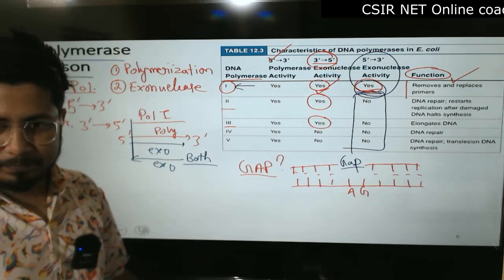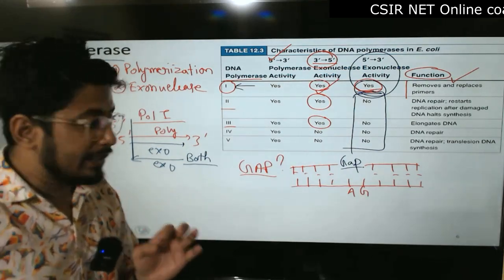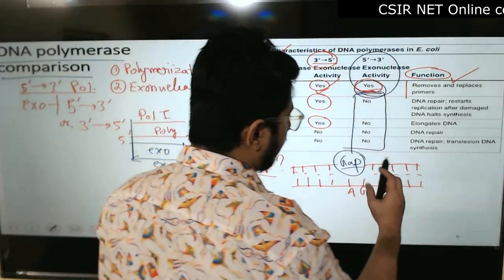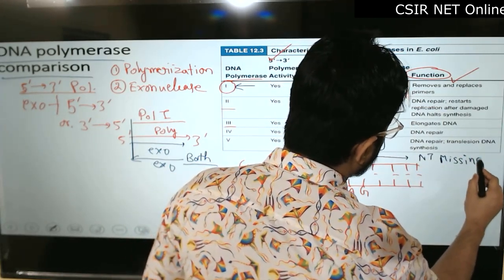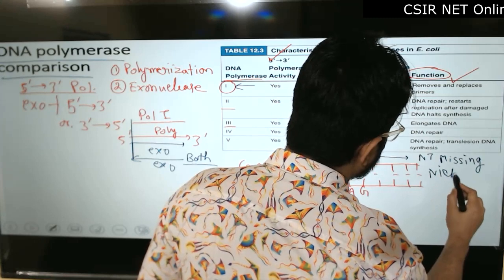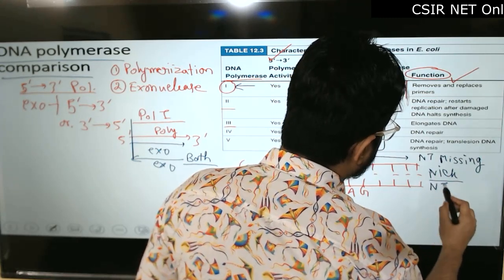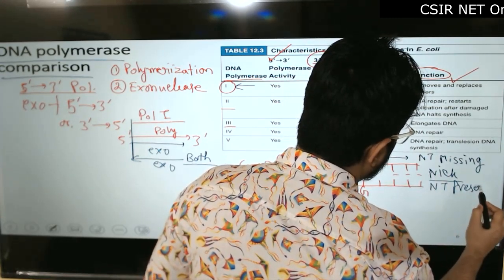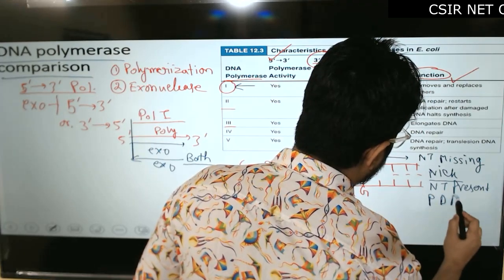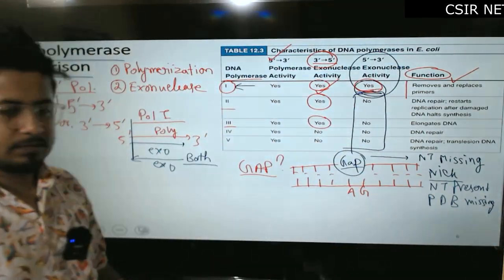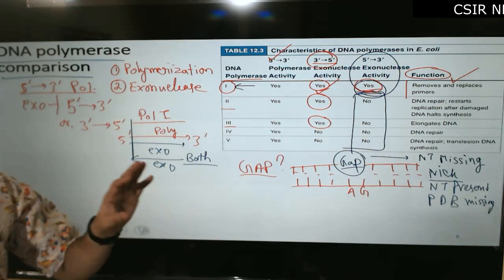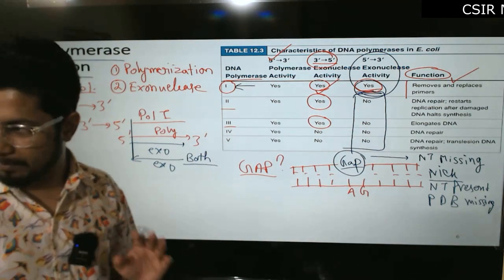So gap means nucleotides are missing. Where a nick is where nucleotides are present, only the phosphodiester bond is missing. This is the difference between a nick and a gap.